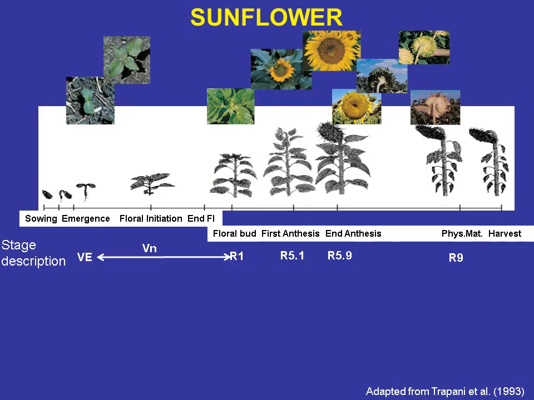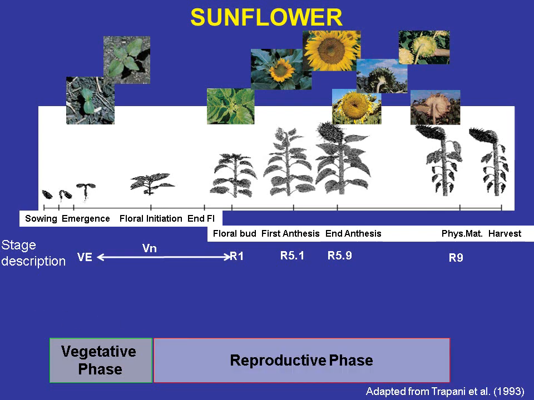The description made for wheat can be extended to all annual species produced for grain, as we can see in this example for sunflower, which is a composite with a terminal inflorescence like wheat. Once again, floral initiation takes place early in the cycle and sets a short duration of the actual vegetative phase with respect to the actual reproductive phase.